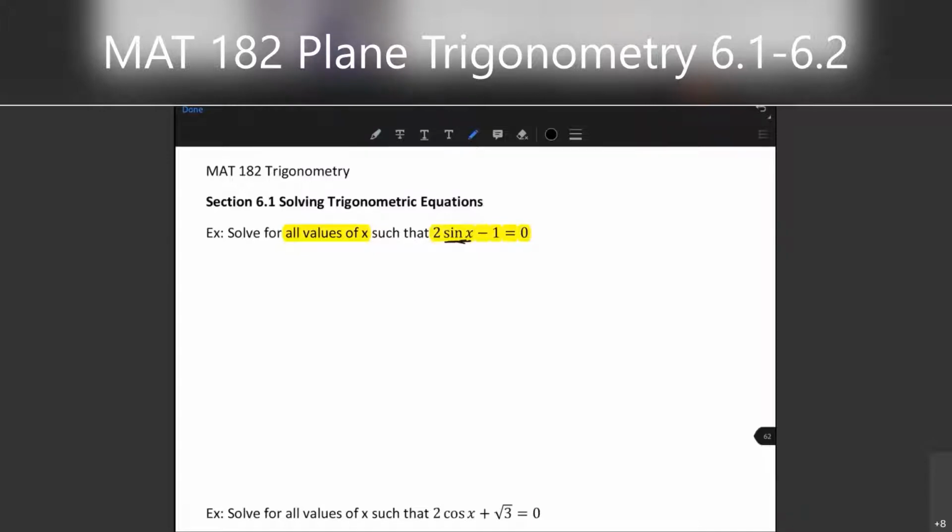So 2 sine of x is equal to positive 1 if I add 1 to both sides, and then I can divide by 2 to get that the sine of x is equal to 1/2.